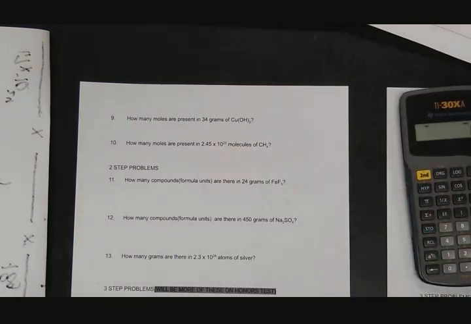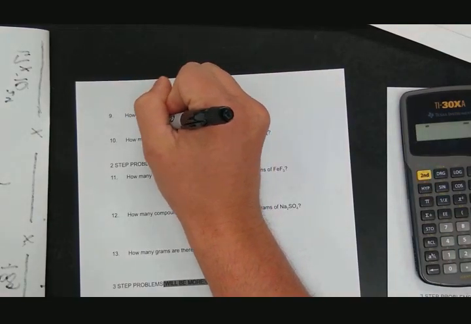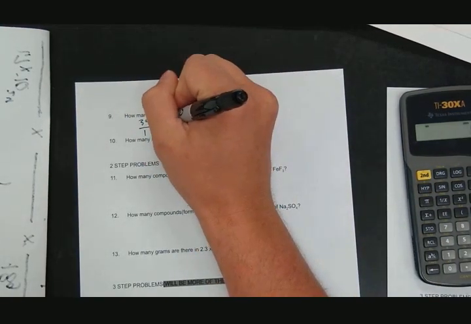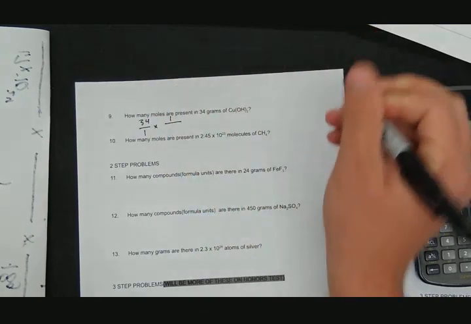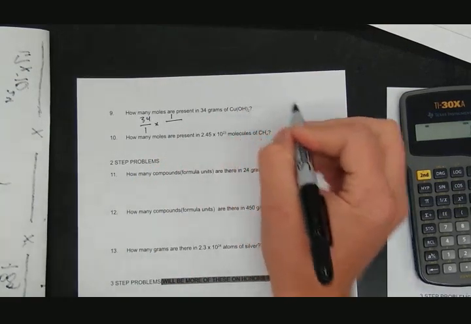How many moles are present in 34 grams of copper hydroxide? We know how to do this. Let's write our given number right here, 34 over 1, multiplied by 1 over our proper number. That's 34 grams. Now what's our proper number for copper hydroxide?